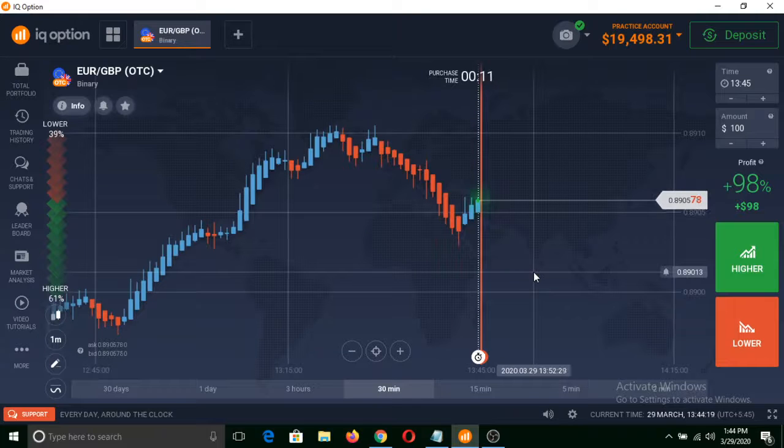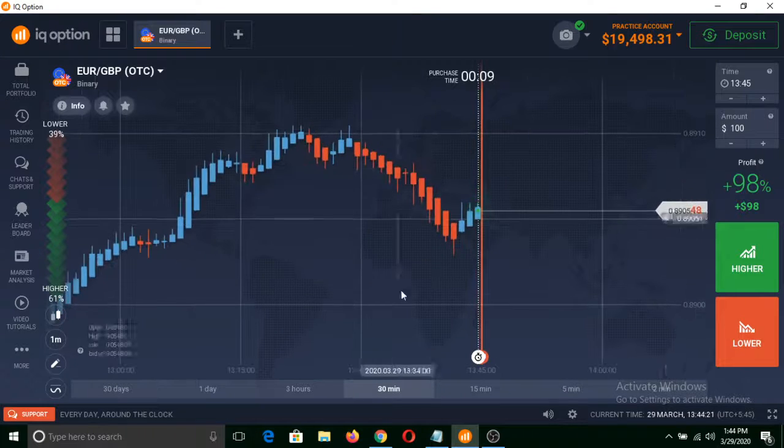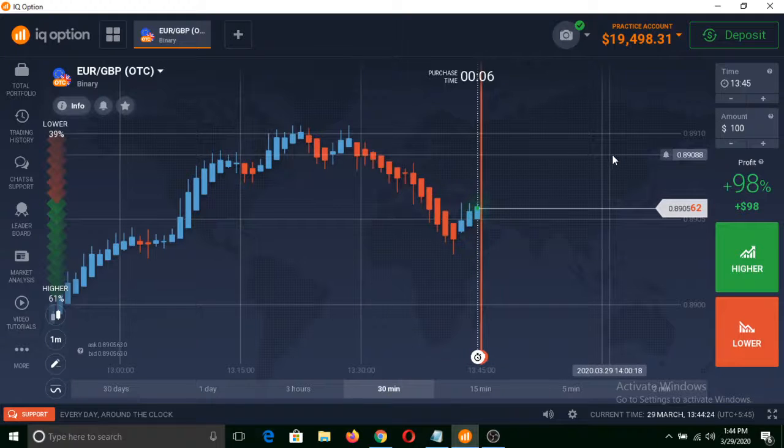So you can also deposit real funds and start trading binary options easily.